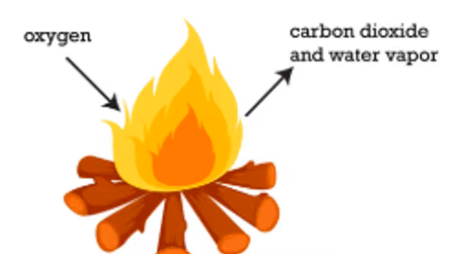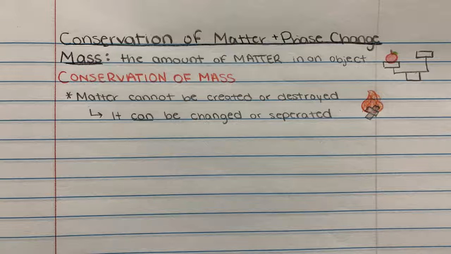But what's actually happening there is the matter in the firewood is being changed into something else. It's not being destroyed, it's being changed into carbon dioxide, oxygen, and ash that's left over. So when we're looking at the conservation of mass, we have to see that matter cannot be created or destroyed, but it can be separated or changed at any moment.